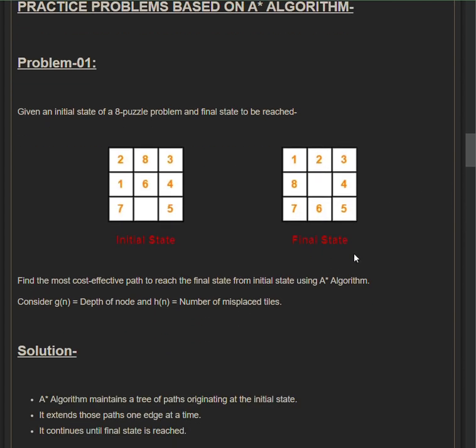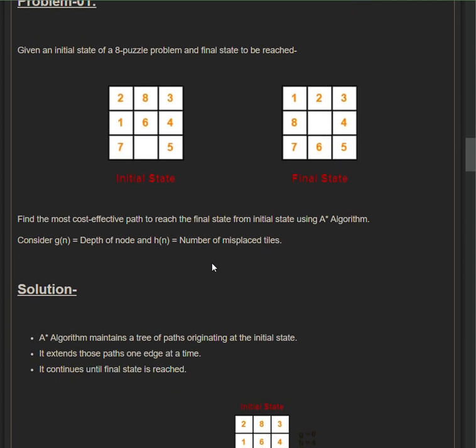So we start at the initial state and calculate both the cost g of n and the heuristic h of n, which in this case is based on the number of displaced tiles. We expand the node, generating new configurations by moving the blank tile.